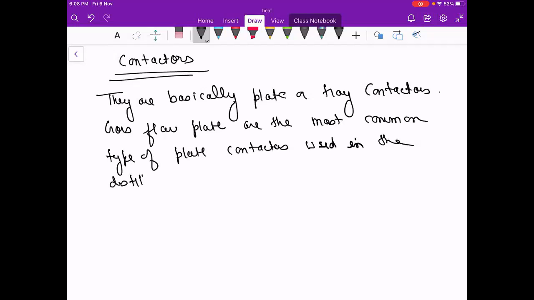You will see this in much detail in the distillation column in mass transfer. There are mainly three types used in the industry. The first one is the sieve tray.